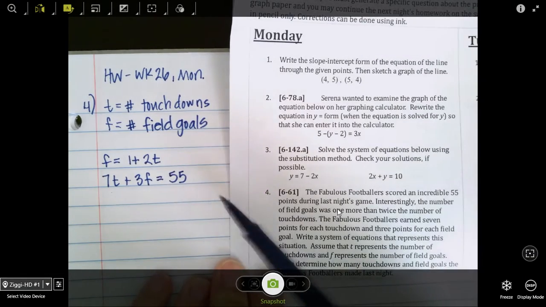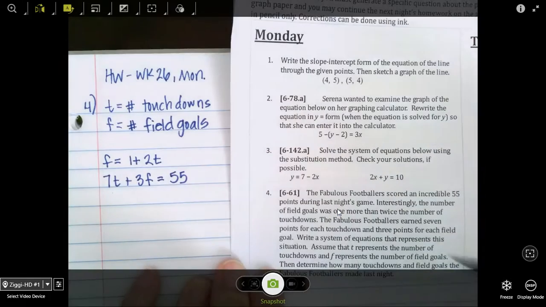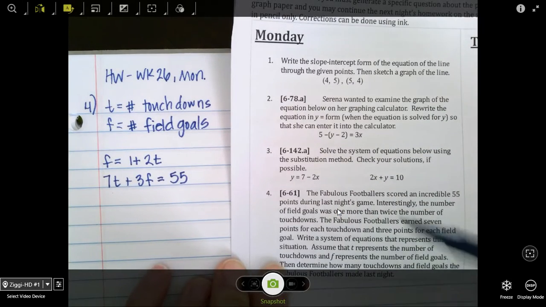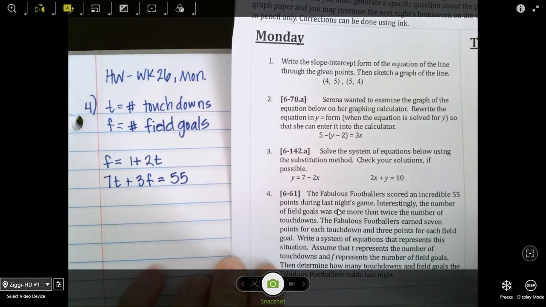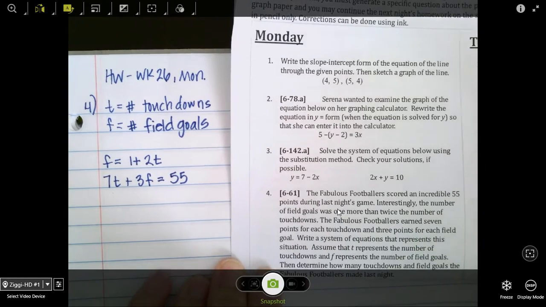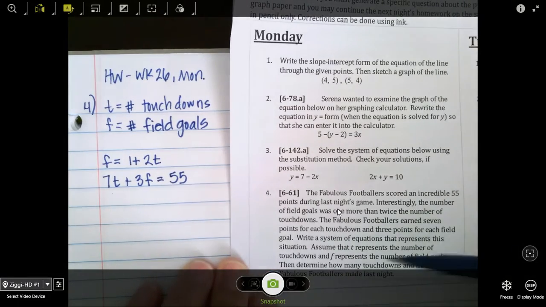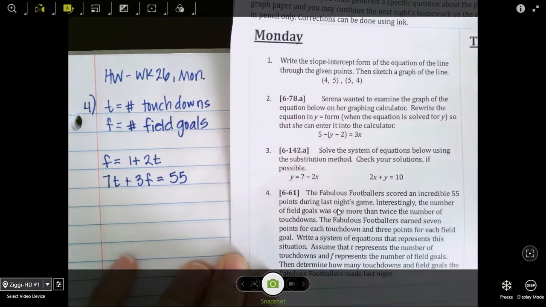Once you have your system set up, you could choose any of the various methods to solve it. For instance, substitution, elimination, equal values method. It's up to you. Whatever is easiest and gives you the least amount of steps, that's what I would recommend. I'm looking at substitution.